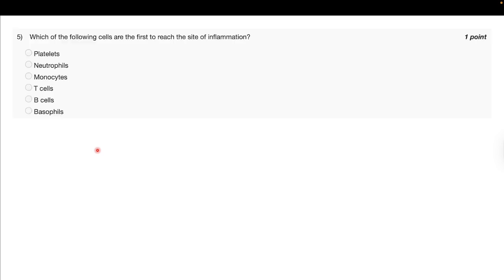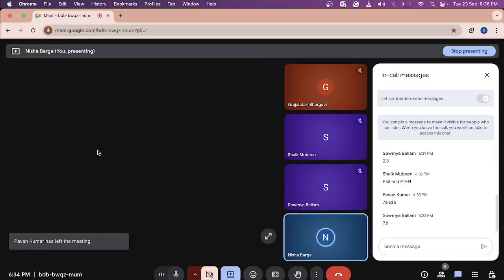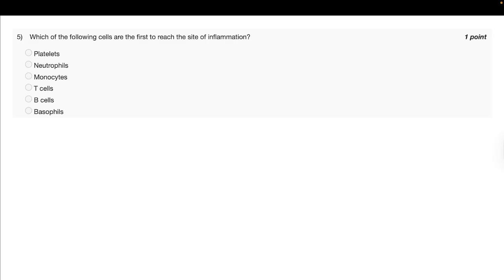Okay. So the fifth question is, which of the following cells are the first to reach the site of inflammation? This should also be pretty easy to answer. Please let me know if you are already answering.